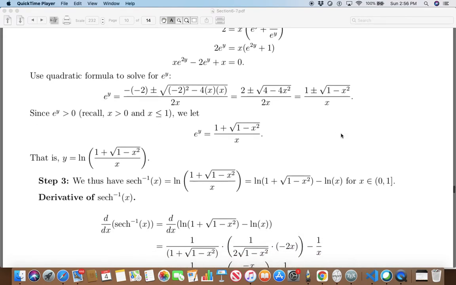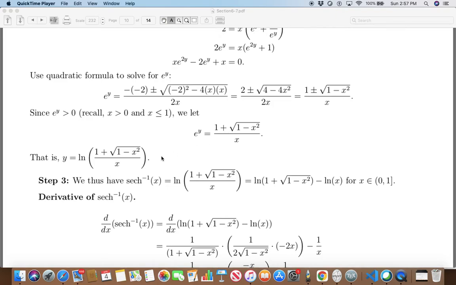Now, I want again e raised to y to be positive. Also remember my x is positive, so I don't need to take absolute value. I also know x is less than or equal to 1, so that's safe here. All I choose is the positive option, because this would be less than 1, I don't want to choose the negative option. Overall, it would become negative if I choose the negative option.